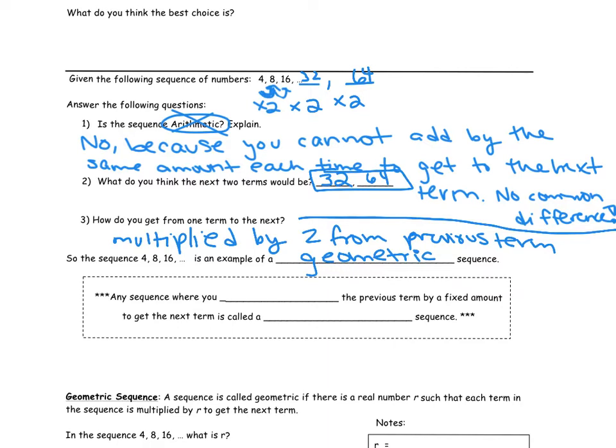Arithmetic is addition and subtraction. So to fill in the blanks here, any sequence where you multiply the previous term by a fixed amount to get to the next term is called a geometric sequence.